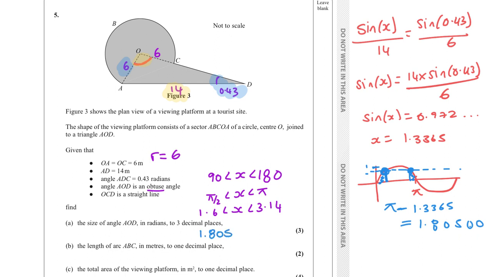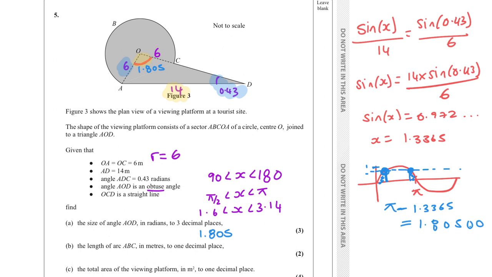And now you can see I know it's definitely obtuse. Perfect. And also, from the sine graph, I know that this is 90, 180. So the answer that I'm looking for is in between these two, because it has to be obtuse. Okay then. It then says the length of the arc ABC in meters to 1 decimal place.